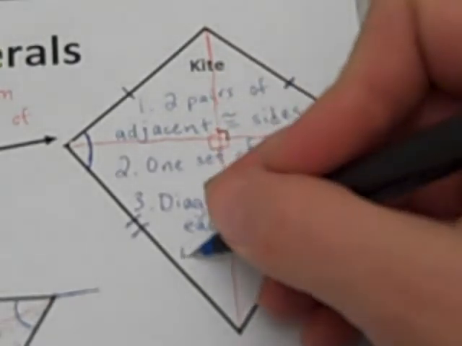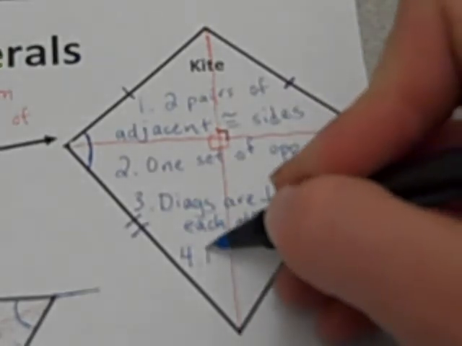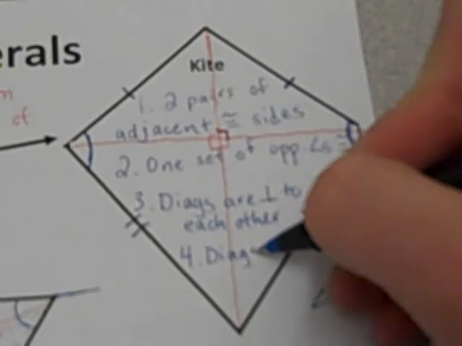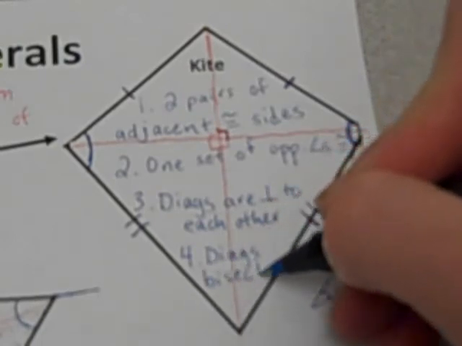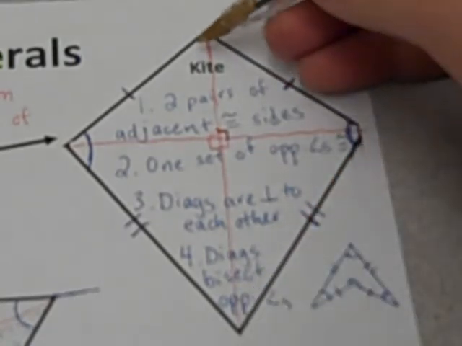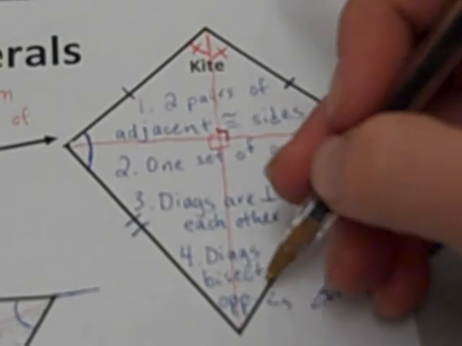And our fourth and our final property, our diagonals bisect opposite angles. Meaning that this diagonal is going to form these two congruent parts. It's splitting that angle.